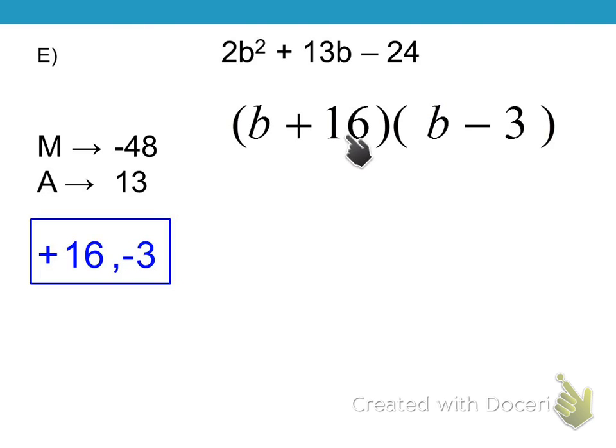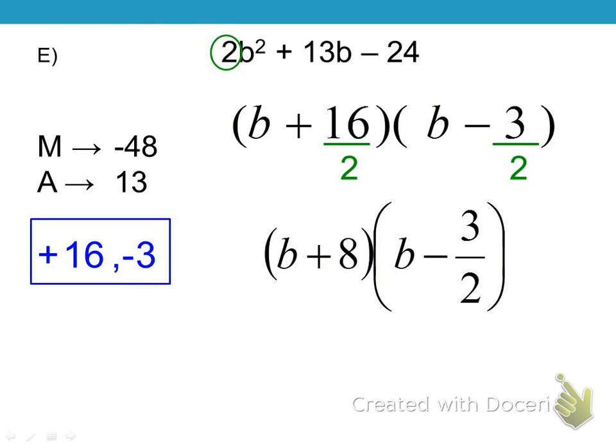So we divide both of these numbers by 2. Now, 16 does divide by 2, right? You get 8. Can you divide 3 by 2 and get a whole number? No.